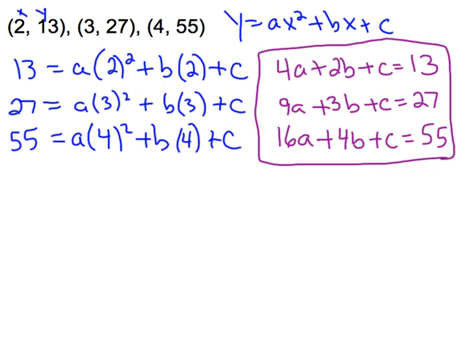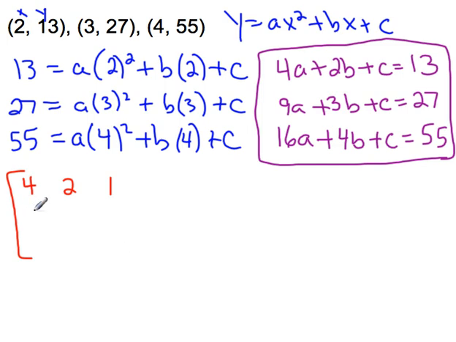So now if I want to rewrite that, I'm going to put this into a matrix equation. If you remember, the matrix equation starts with the coefficients. So the coefficients of the first equation are 4, 2, 1. Remember, you want to have A column, B column, C column.